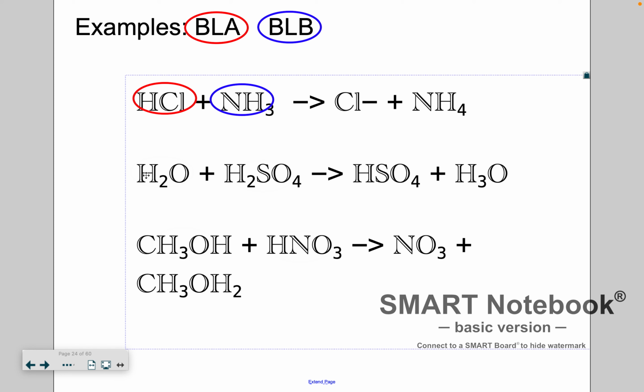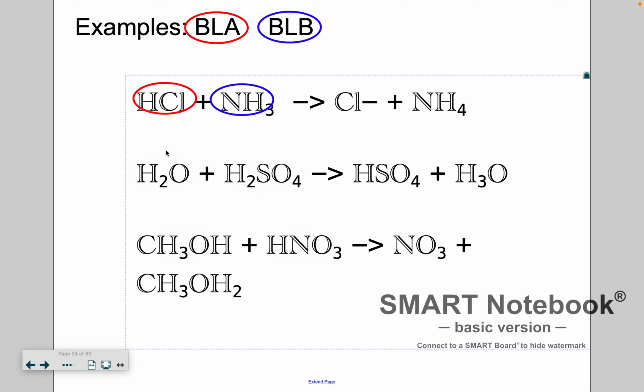All right, take a look at the next one, H2O plus H2SO4. Let's take a look at what happened. H2SO4, I look over here, it's HSO4. So this H got donated to the water.